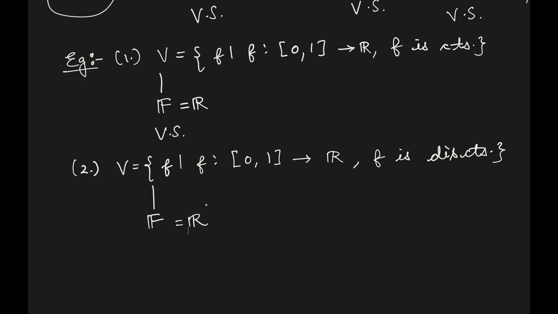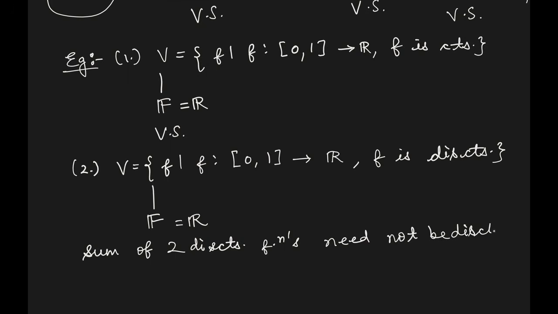No, because the sum of discontinuous functions can be continuous. May or may not be continuous. The sum of two discontinuous functions need not be discontinuous. It may be continuous. Can you give me any example for this?